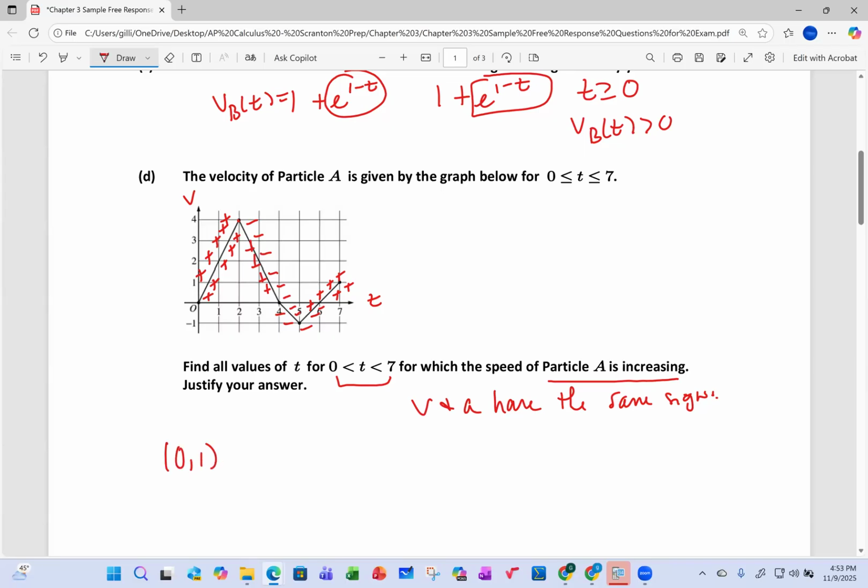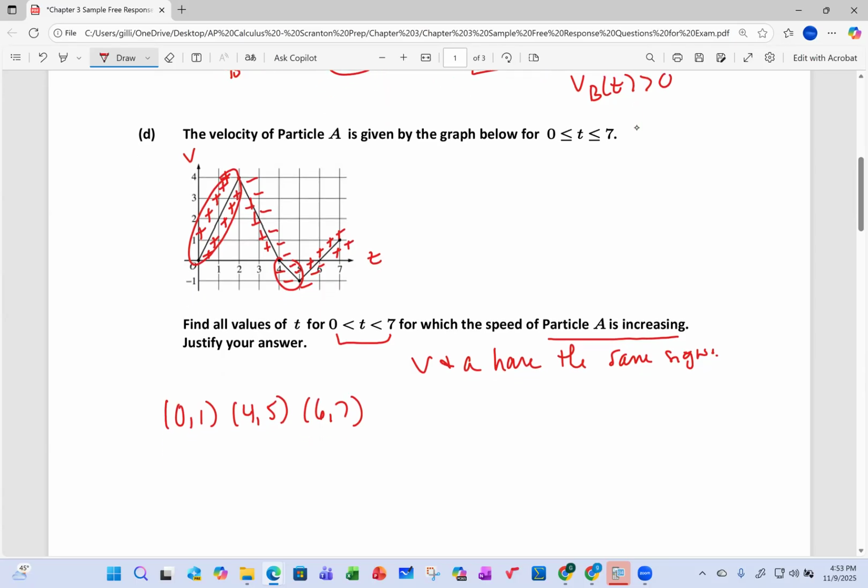From 0 to 1, because everything is positive, both velocity and acceleration. And then also from 4 to 5, because both velocity and acceleration are negative. And then as well as from 6 to 7, because that's when velocity and acceleration are both positive there.